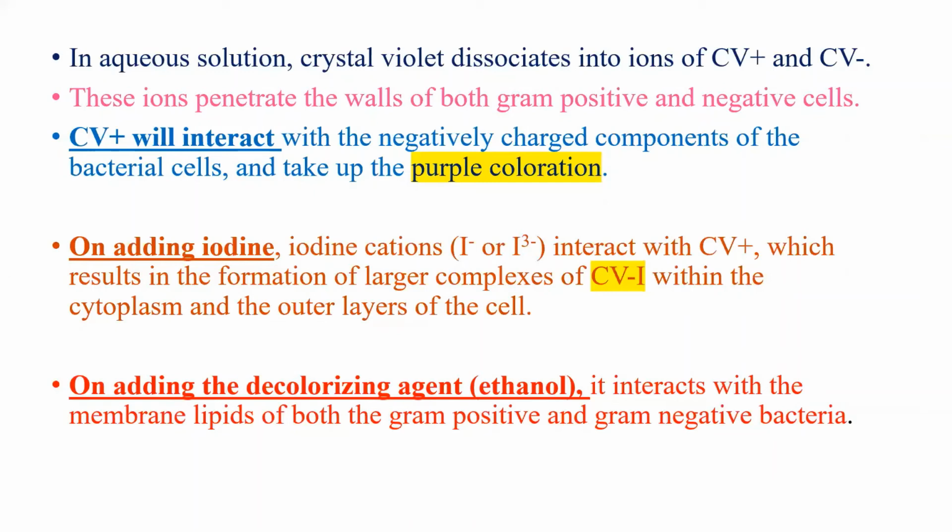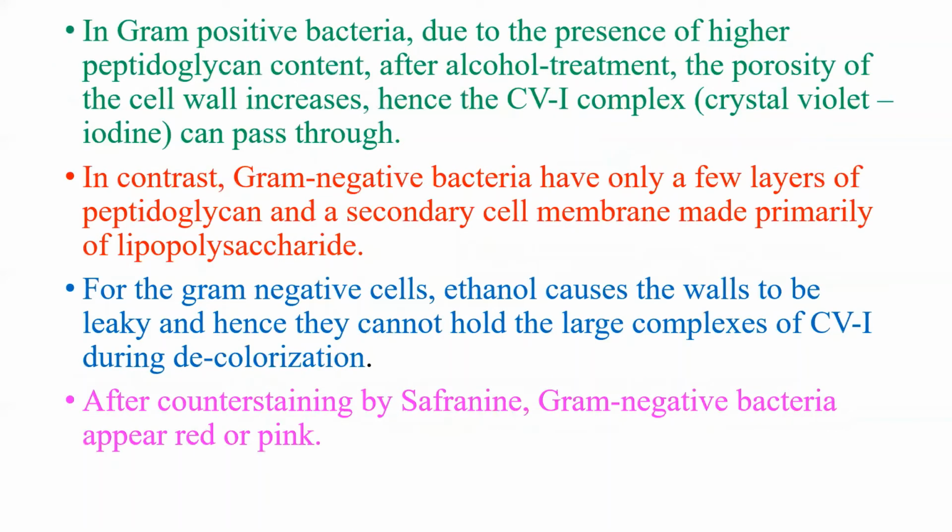On adding the decolorizing agent, that is ethanol, it interacts with the membrane lipids of both the Gram-positive and Gram-negative bacteria. In Gram-positive bacteria, due to the presence of higher peptidoglycan content, after alcohol treatment, the porosity of the cell wall decreases. Hence, the CVI complex, that is the crystal violet iodine complex, is retained.